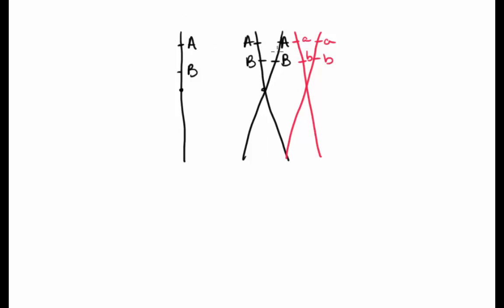Now, if crossing over takes place and we actually get crossing over between the A and the B, so notice that the crossover is specifically between the A and the B, which are the two genes that we are tracking in this particular example.